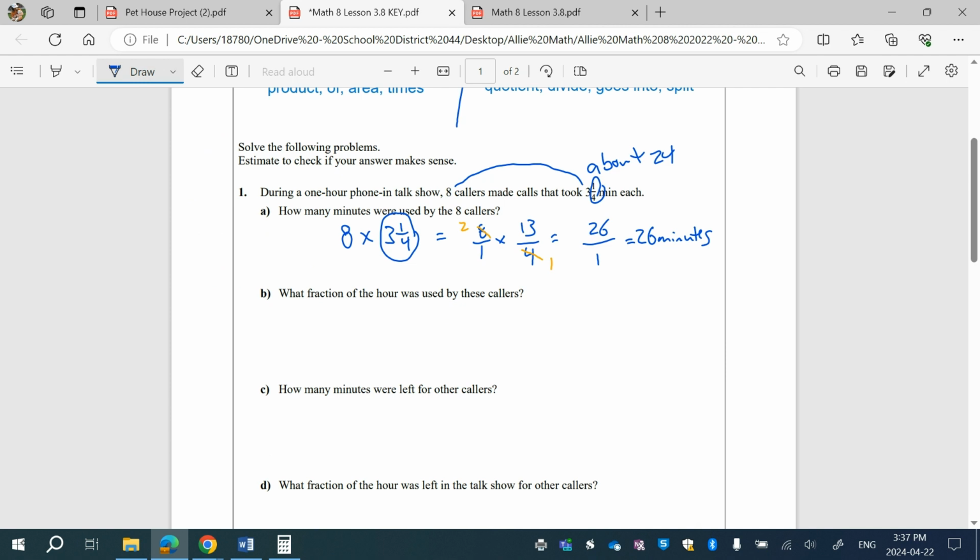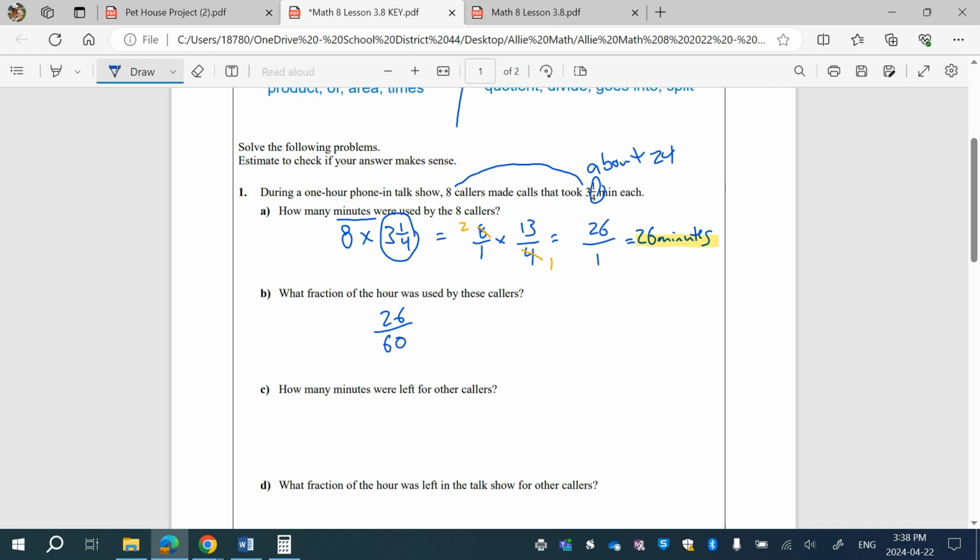And try to actually, don't just have your answer as 26. It's asking how many minutes were used. So it's good to put the units. So it's 26 minutes. The next one, what fraction of the hour was used by these callers? So we used 26 out of 60 minutes.